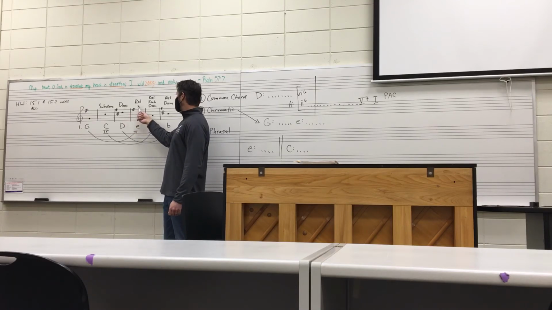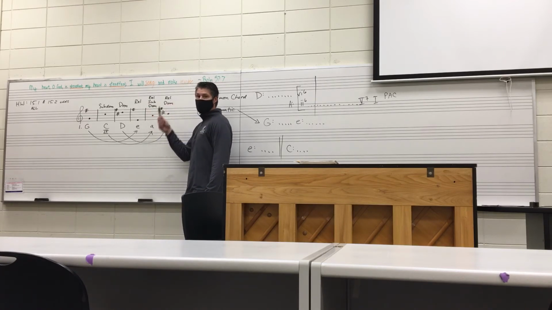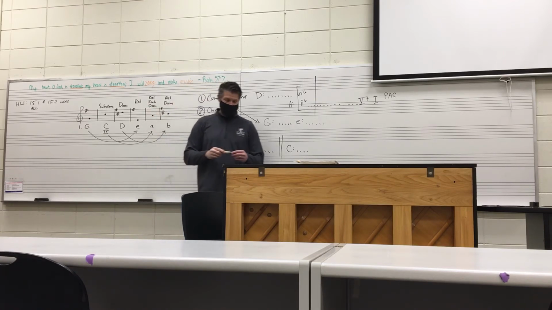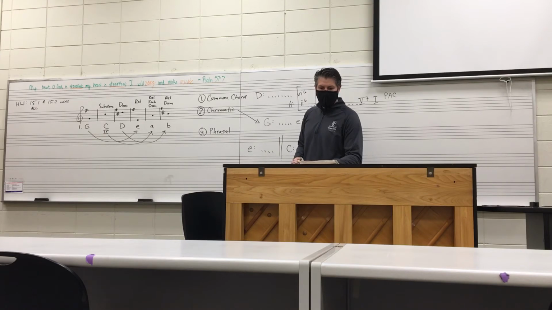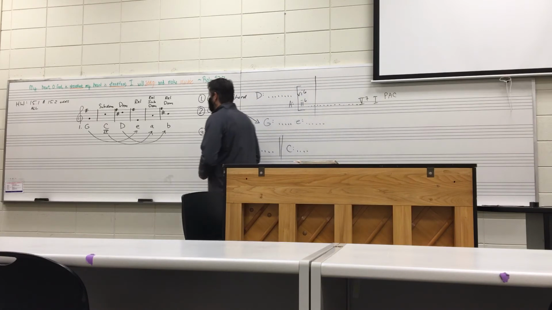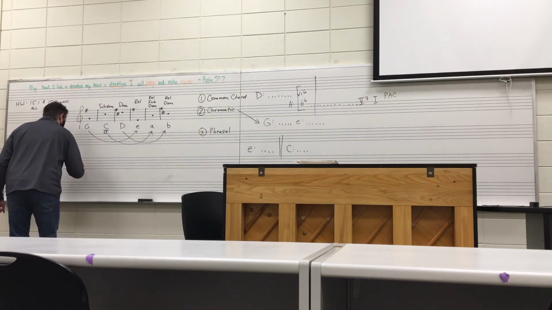So find the relative, and then the subdominant of the relative, and then the dominant of the relative key. Okay? Let's do one more together. How about number 2 is F minor. So what is the key signature?